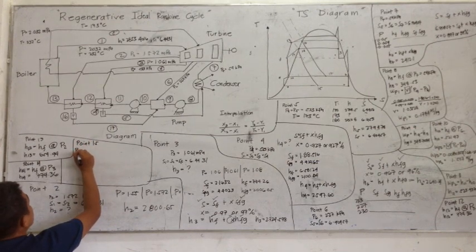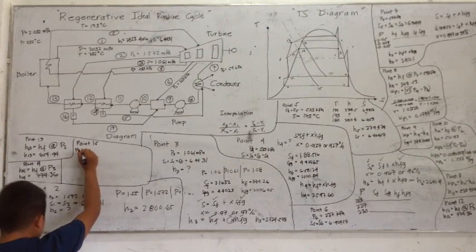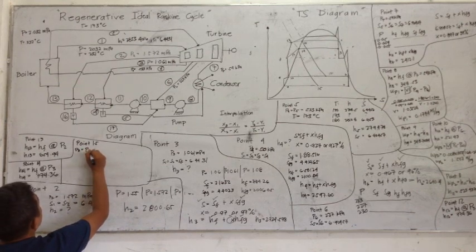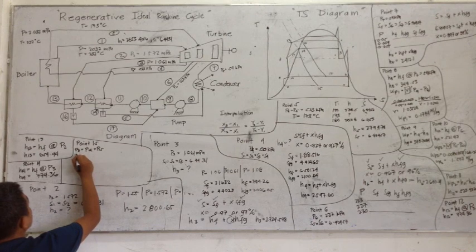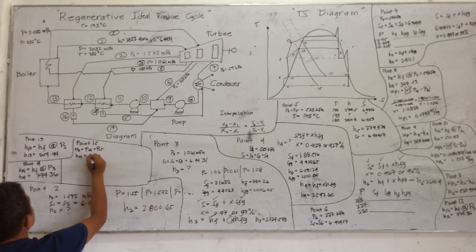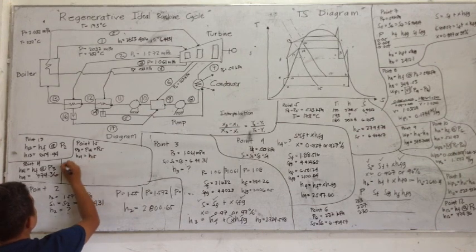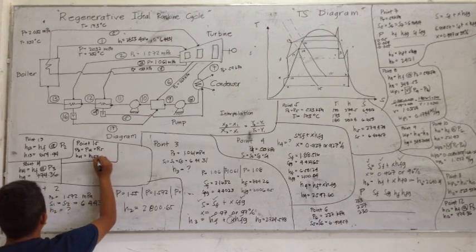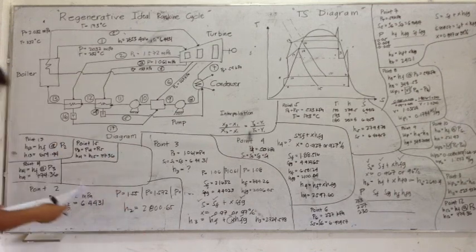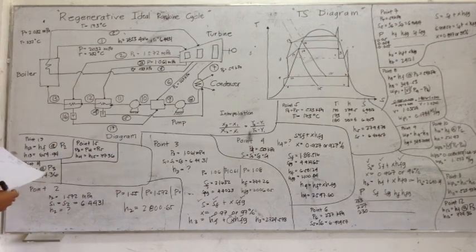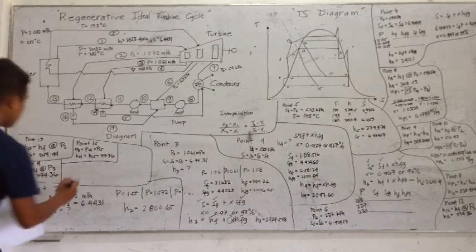So P3 equals P14 equals P15, which means we can directly say that H14 equals H15, which equals 774.36.